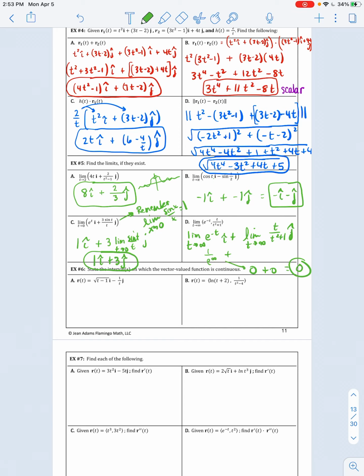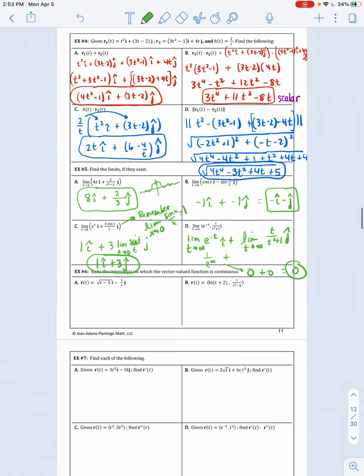And then example number 6. It says, state the interval on which the vector valued function is continuous. So you are going to be looking at the domain of your f, which is, so for this one, your f of t is the square root of t minus 1.